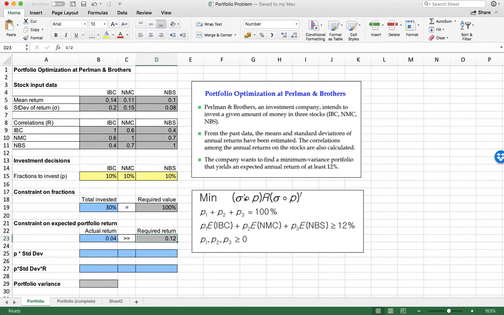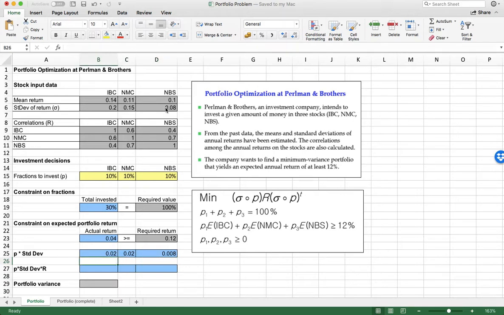So here I like to express sigma times P. We can type P1 times standard deviation of my first stock as the first element of this intermediate calculation, and then the second element of this array is P2 times standard deviation of my second stock, and then my last element is P3 times standard deviation of NBS.